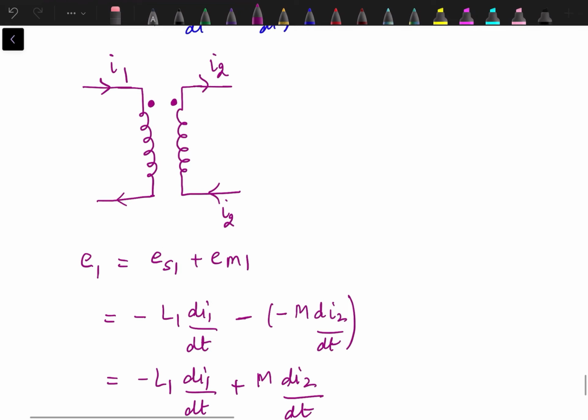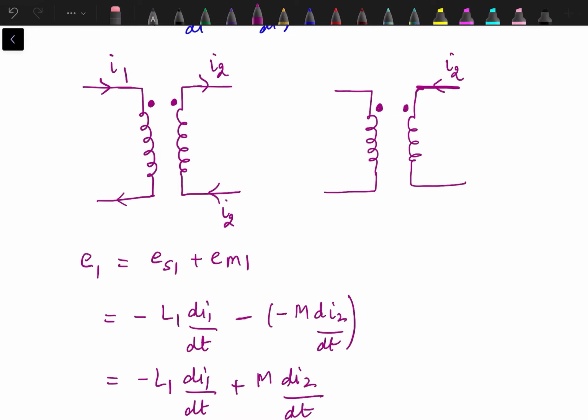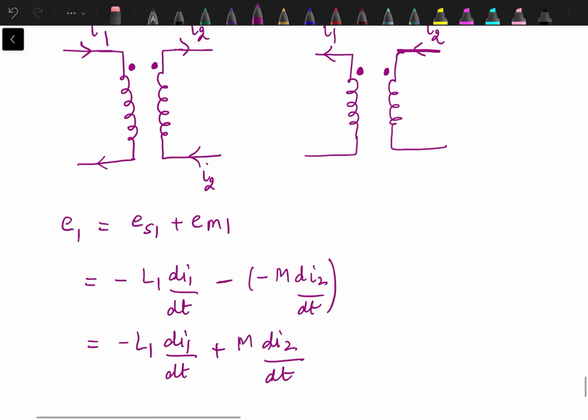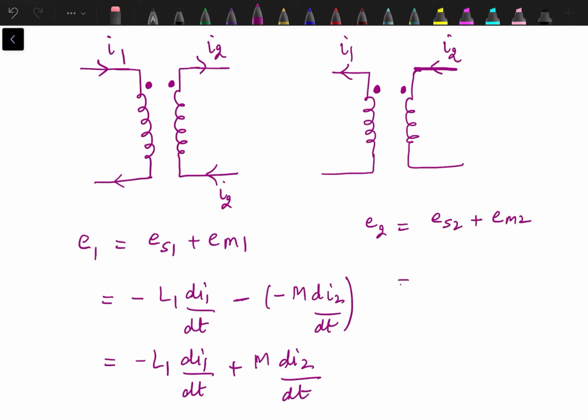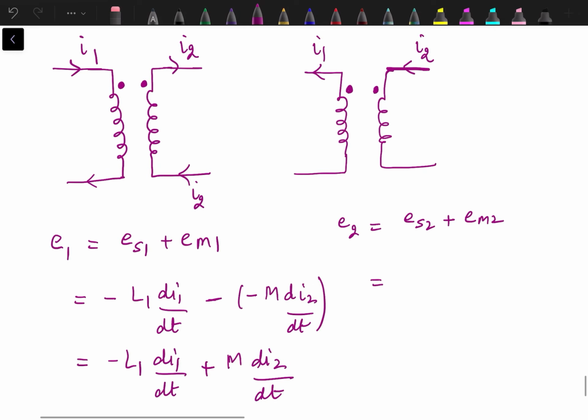Now this expression is equally valid if the current I2 is entering and I1 is leaving. Then again this expression is applicable, since one current is entering and the second one is leaving. Similarly, E2 will be equal to self-induced EMF plus mutually induced EMF, and they are opposite in nature.